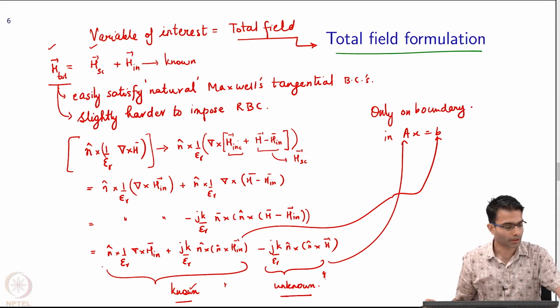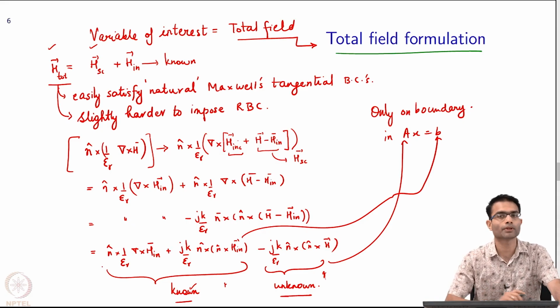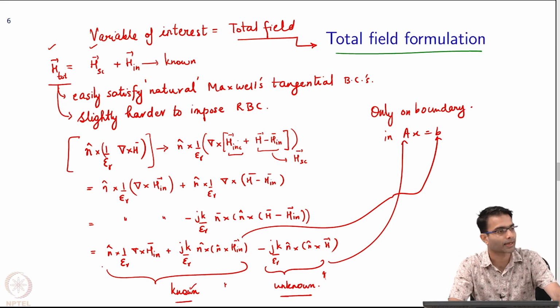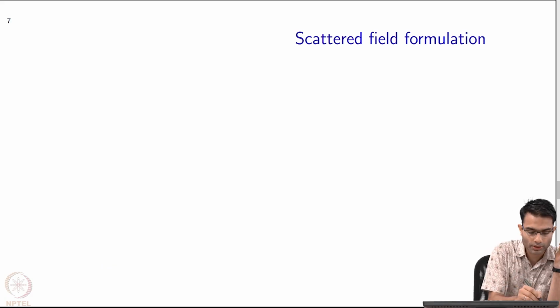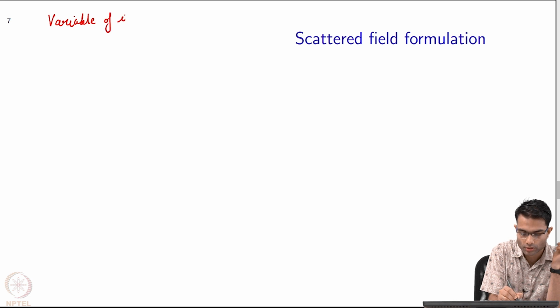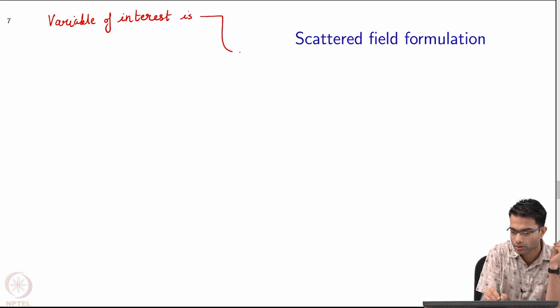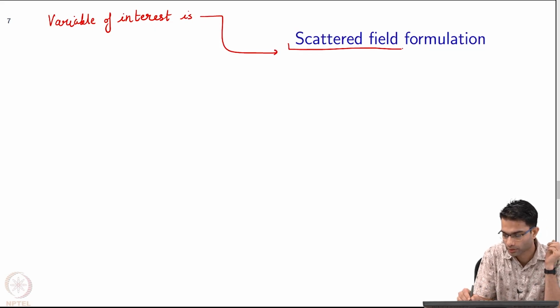Right. So, the other way of formulating this problem is what is called the scattered field formulation. That is what we will look at next. Here the variable of interest is the scattered field.